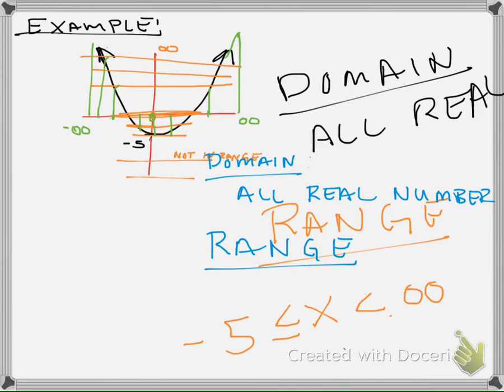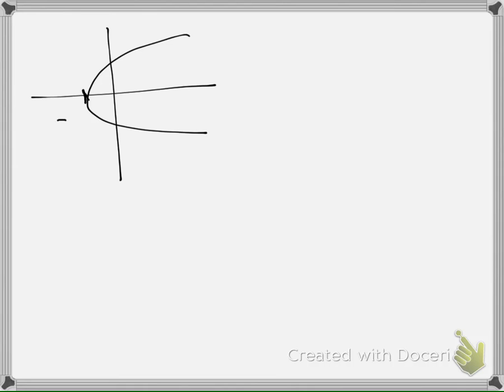Let's go to the next slide. Alright. In this one, we have a graph that looks like this. And let's say that this point is at -3. So what I notice is that anywhere on the x-axis from -3 to positive infinity, I can have values in my domain.